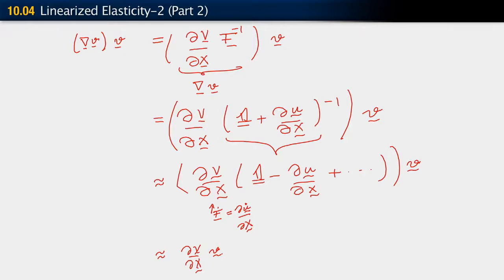Now, this term is first order in the displacement gradient, because this also is just the partial of u dot with respect to x. However, this term is not linear in the velocities anymore. So we get a term that is quadratic.